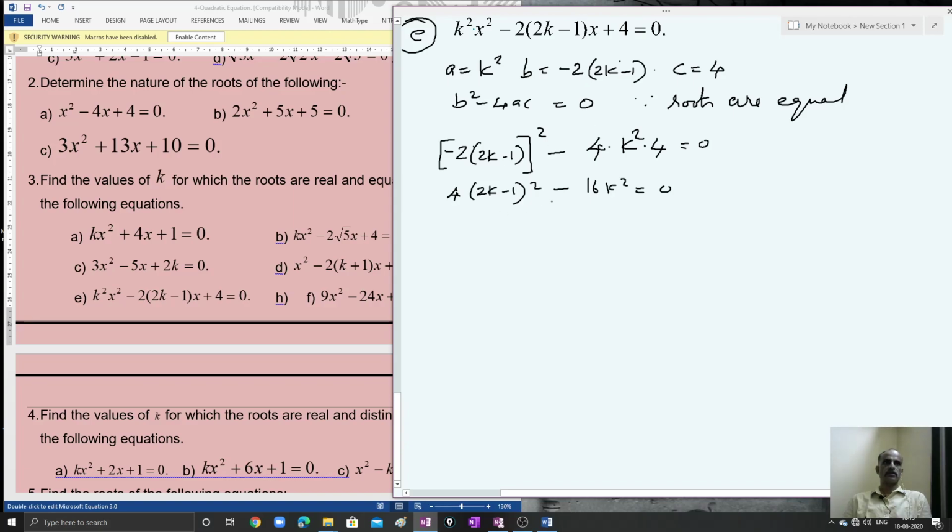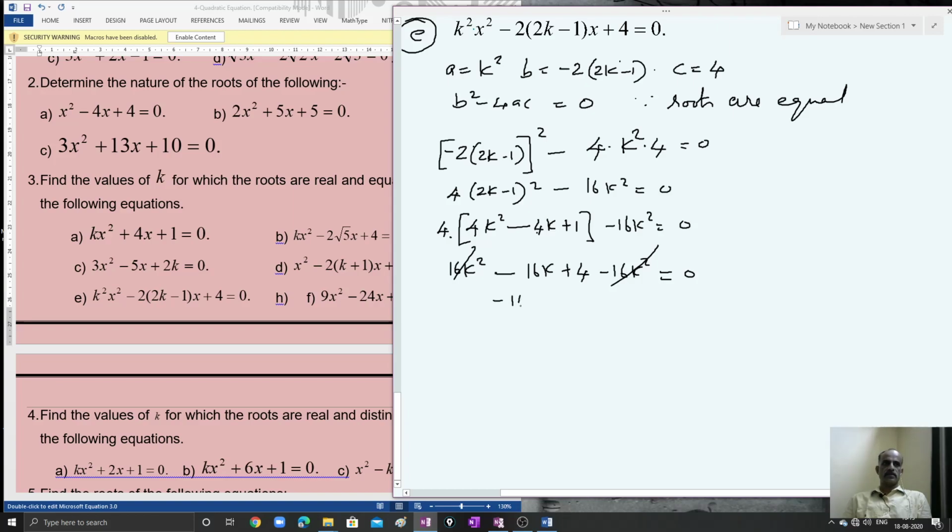When I am expanding a minus b whole square, that is 4k square minus 4k plus 1, minus 16k square is equal to 0.